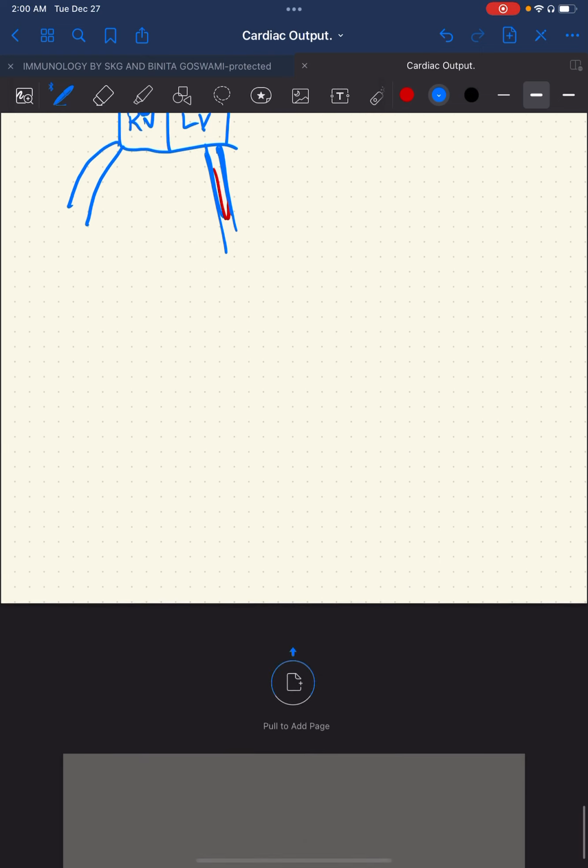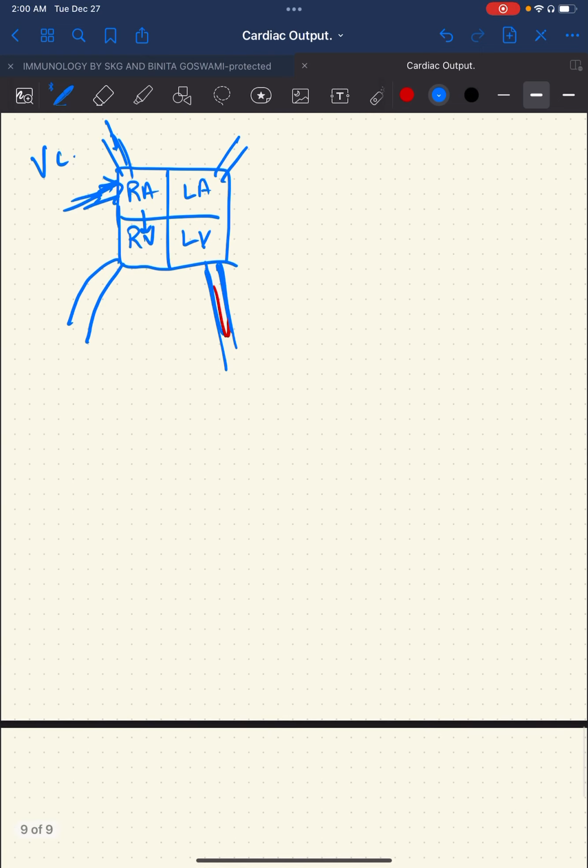Now, a few more terms that we're going to discuss. Stroke volume, or SV.